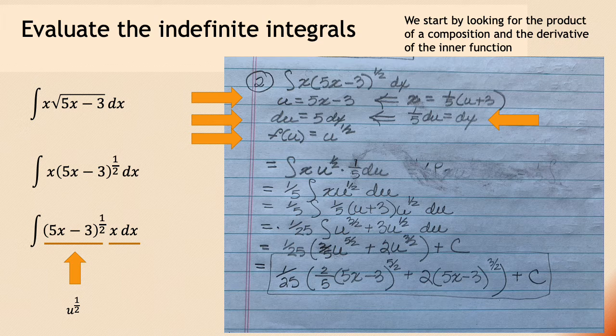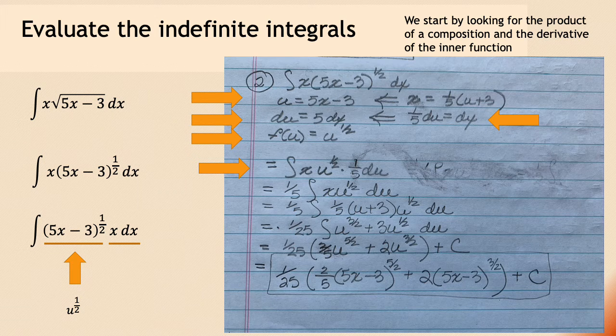So now we can replace that dx with 1/5 du. All right, so little by little we're getting rid of the x's, but we still have that x that's being multiplied in there.